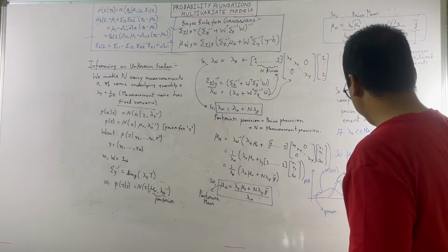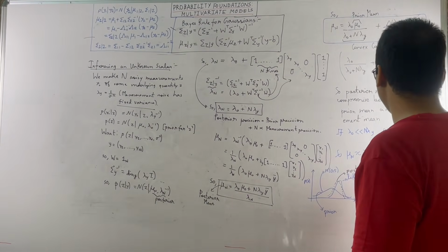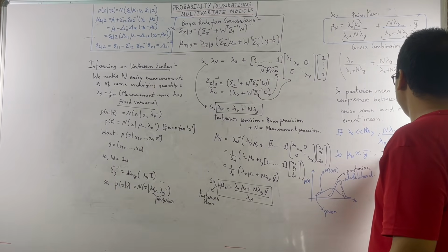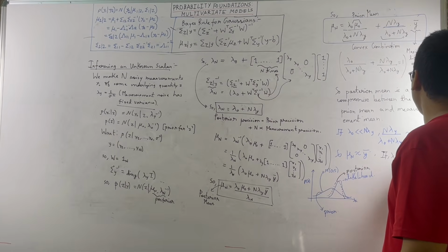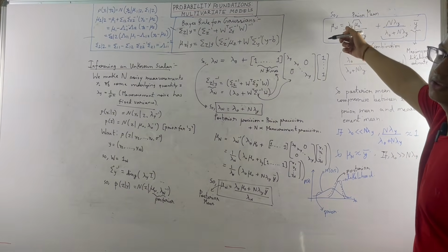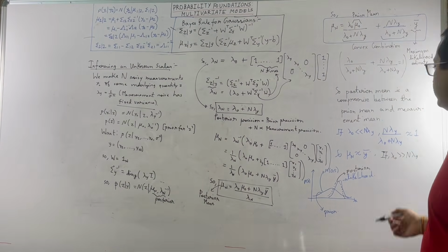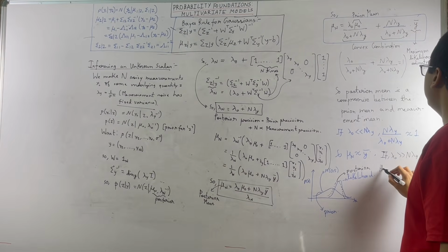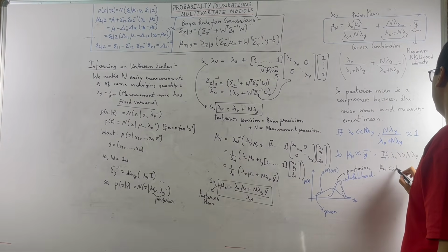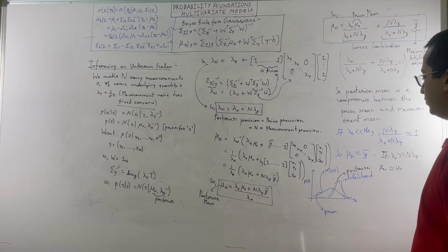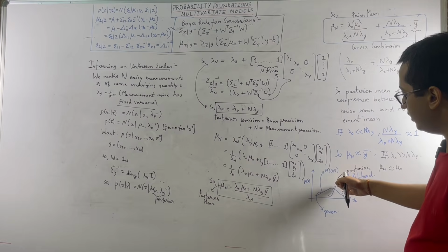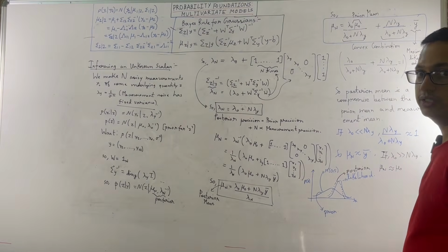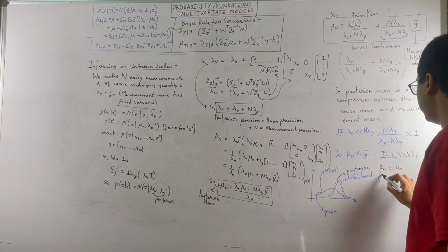However, if lambda naught was much stronger than n lambda y, or the prior precision was very high, then of course mu n will be close to the prior mean. If it was a Gaussian with a very low variance, then this posterior would shift towards the prior mean, right?